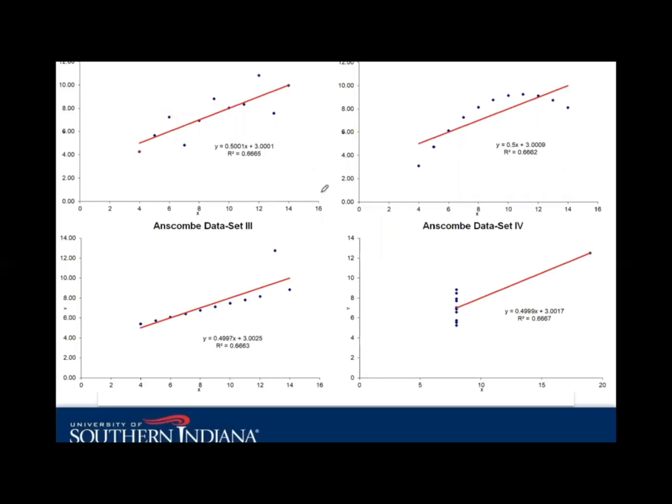For instance, here our horizontal axis is X and our vertical axis is Y. So this data point represents X equal to 4 and Y equal to 4. We plot all these observations in the same plot within the first data set.